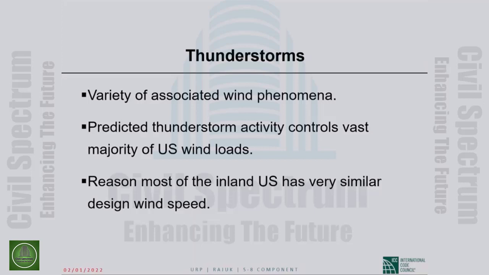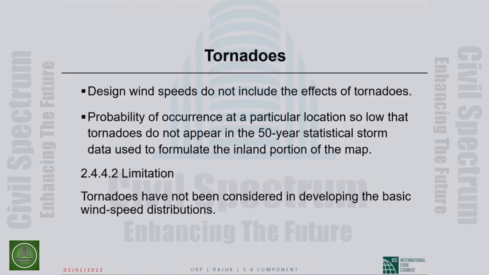Because thunderstorm activity controls the vast majority of US wind loads, most of the inland United States has very similar design wind speeds. That has always been the case. It is only on the hurricane coastline that you see different numbers, different wind speeds.